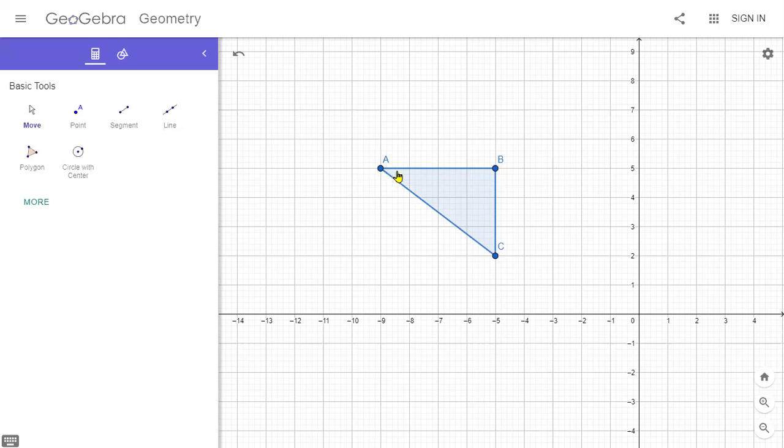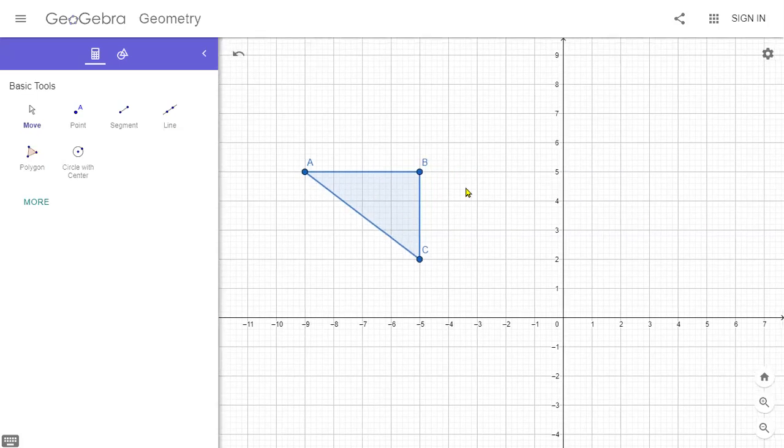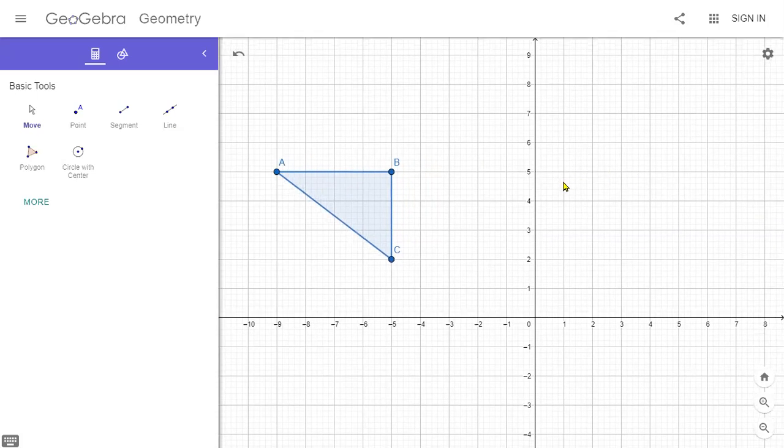Here the point A is located 9 units left of this mirror, the axis of reflection. So we have to go to the opposite side by the same number of units. Here A is located 9 units from this mirror, so we have to take the same 9 units on the opposite side of this mirror.